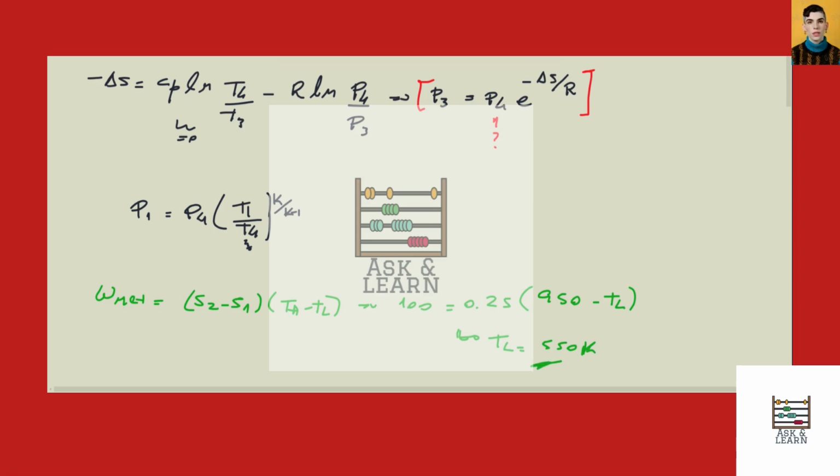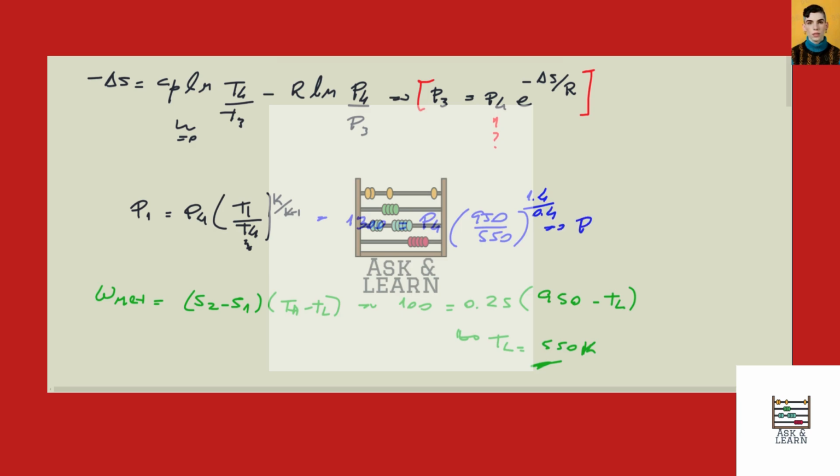Alright, now that we have the temperature 4, we finally can calculate P1, because this is going to be actually not P1, sorry, we can calculate P4. So P4, let me see, this is 1300, that is equal to P4 times (950 divided by 550) to the power of 1.4 over 0.4.